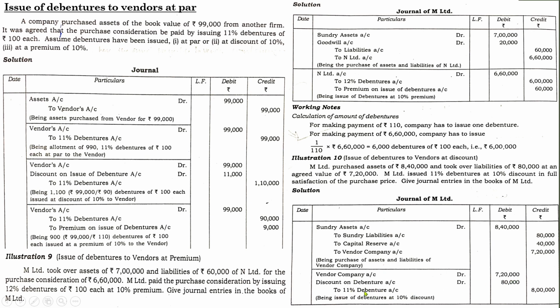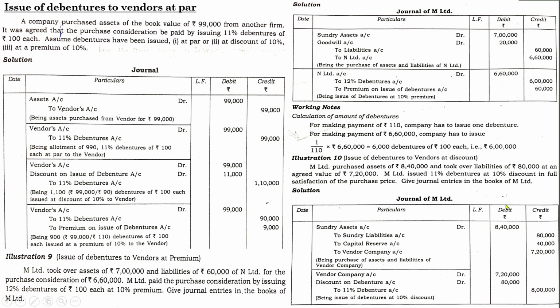And for the value of debentures, there is an equation for finding it: value of the asset divided by price of one debenture. Here the price of one debenture was 100 rupees. Even if it is not mentioned in the question, it will be assumed like that.